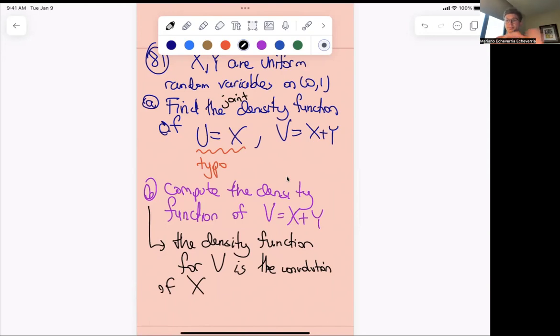So part B we actually already did in class, so you can check that part either in the video or just the PDF. It's just that on the PDF I had called this Z instead of V, but it's the same idea.